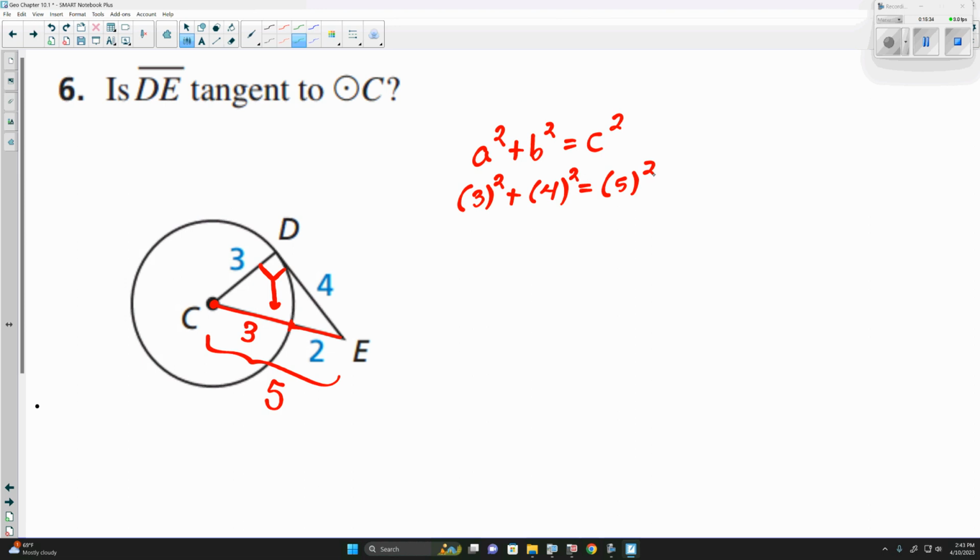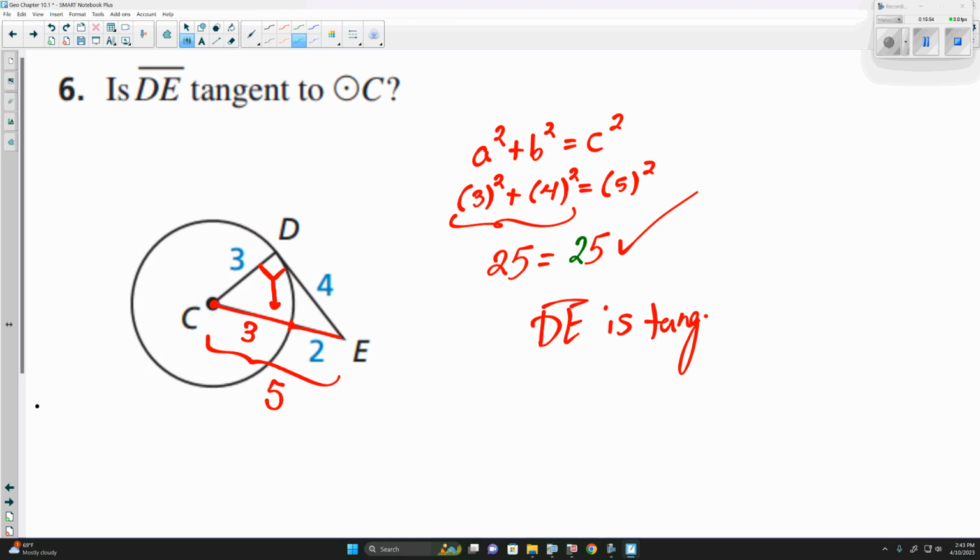We do get this here. And if we did 3 squared plus 4 squared in the calculator, it would be 25. And 5 squared is 25. So DE is tangent. And that's it.